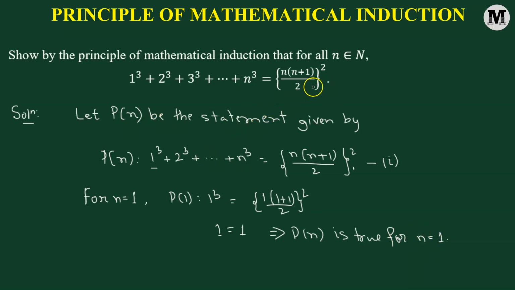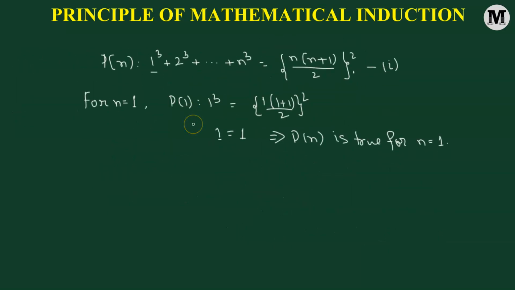Now to show that it is true for other natural numbers as well, we are going to consider a statement. Let's say P of m. Let P of m be a true statement. If P of m is true, this simply means that 1 cube plus 2 cube plus going all the way up to m cube. Here we are considering the first m terms.